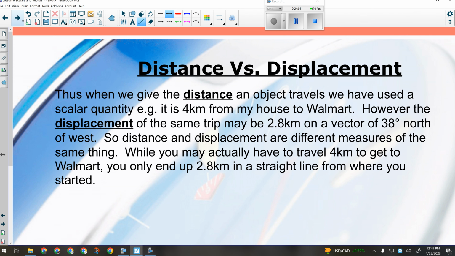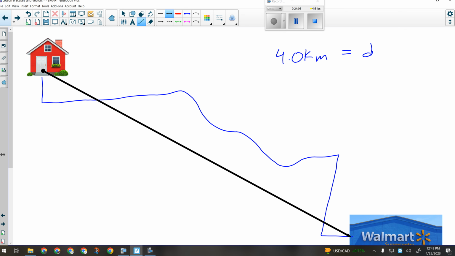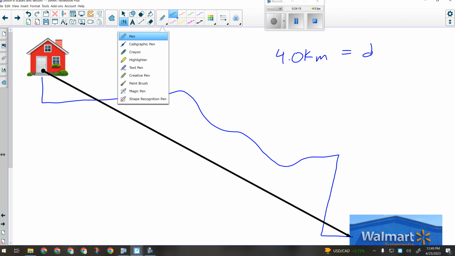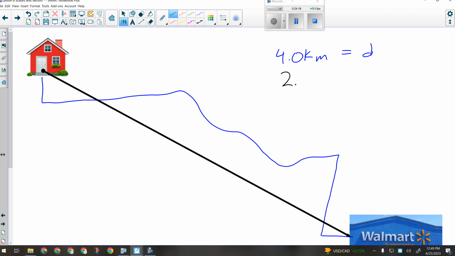Did I pick a distance? 2.8. All right, so we'll say that along that route, which we'll use black for, that line is 2.8 kilometers at 38 degrees south of east.